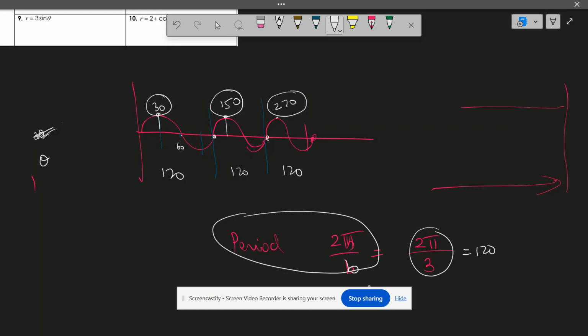I got confused a little bit. So yes, we directly have the answer. The value after dividing by 3 is going to be pi by 6. That's one value. Or it could be 5 pi by 6, which is 150. And then the other one is 270, so it's going to be 3 pi by 2. So we have three values where we get r is equal to 5.